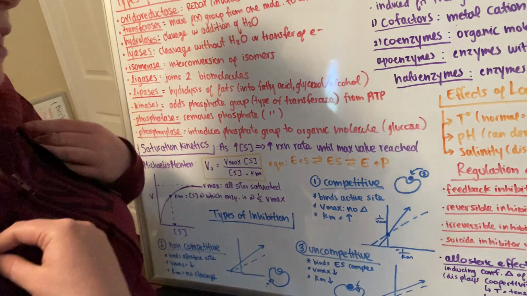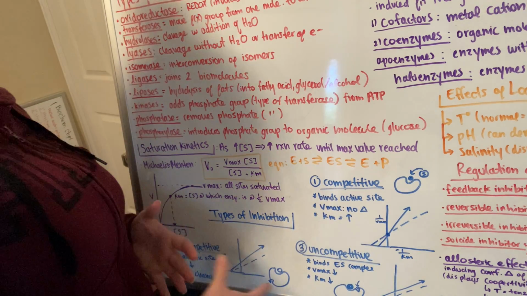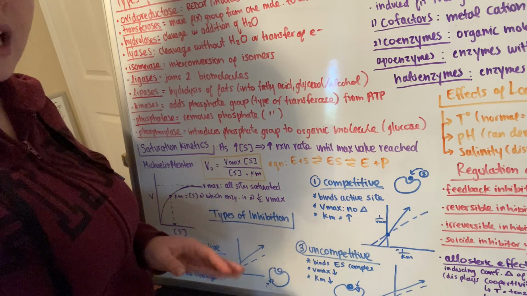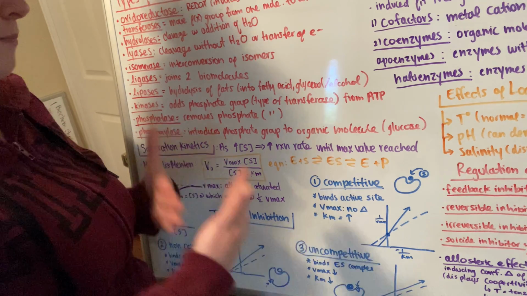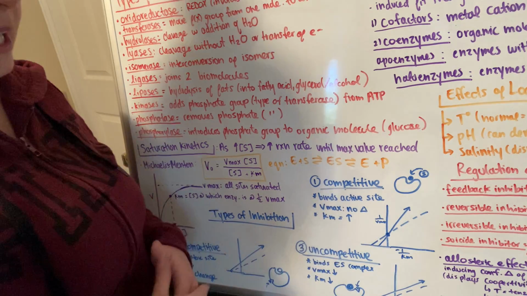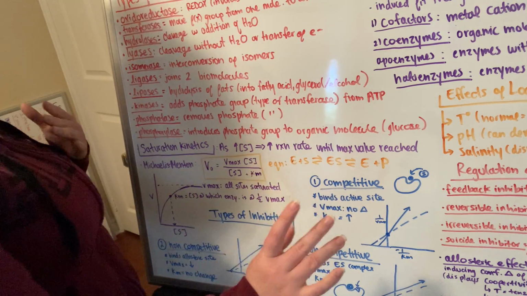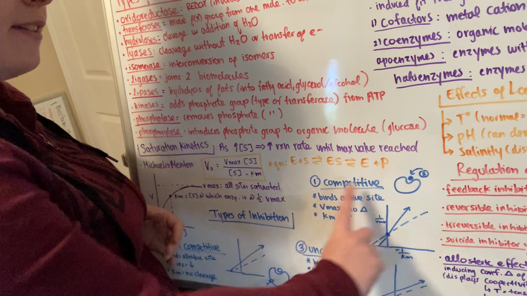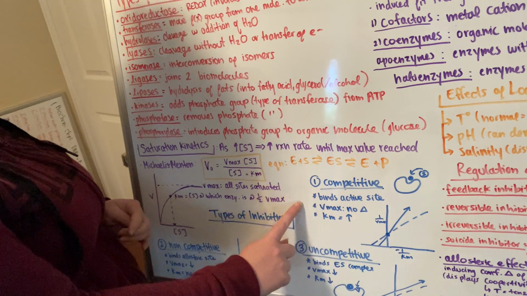That is how I'm able to understand this. So when we're looking at a graph like this, the dotted line is just our natural line without any inhibitors. So if we look at this right here, we said competitive inhibition, the Vmax will not change.